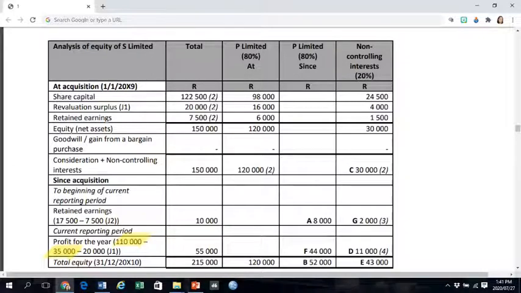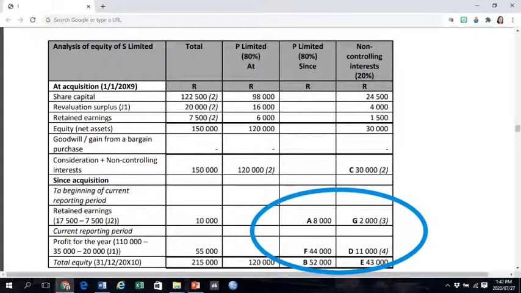That is now adjusted for the 20,000 Rand additional revaluation deficit required in the group, which would reduce the profit of S to an amount of 55,000 Rand. That is now the profit of S that's allowed to be in the group, which gets attributed to the parent and NCI. Please remember these amounts in your P Limited and non-controlling interest columns, as it is very useful when we prepare the statement of changes in equity.